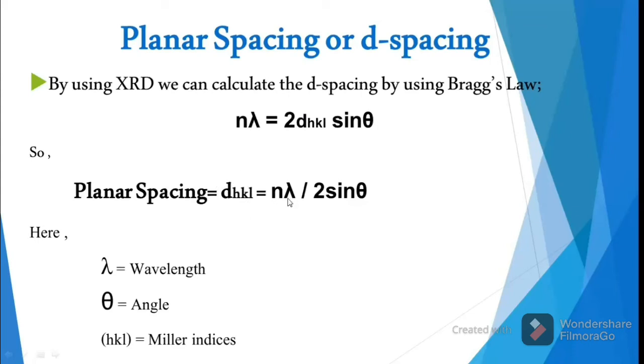We only need lambda, which we know already, and 2, and sine of theta. Theta is the central position of the peak, or the location of the peak. So it is very easy to find out. So we can calculate d HKL, that is n lambda divided by 2 sine of theta.